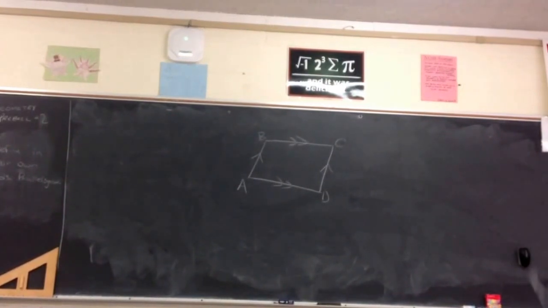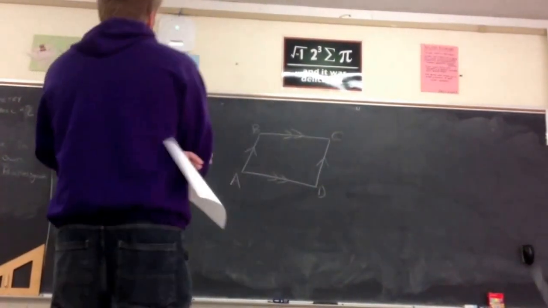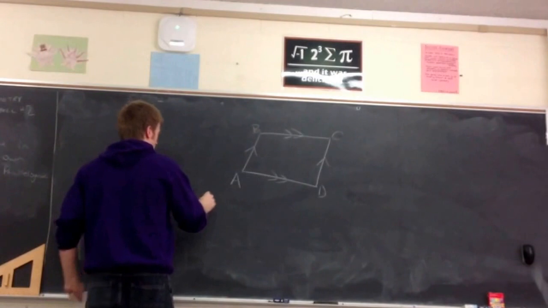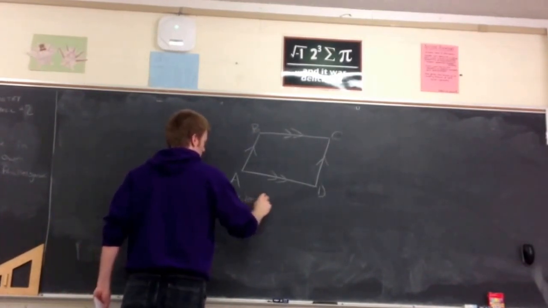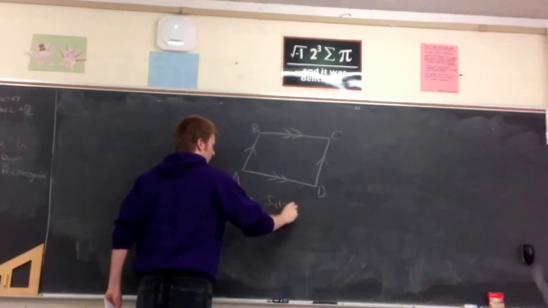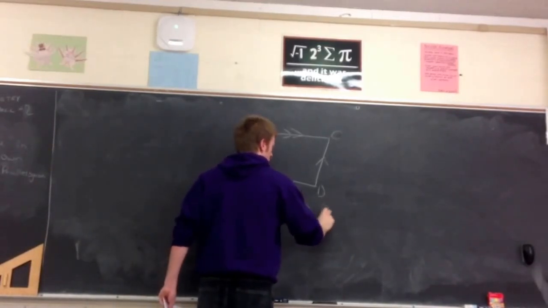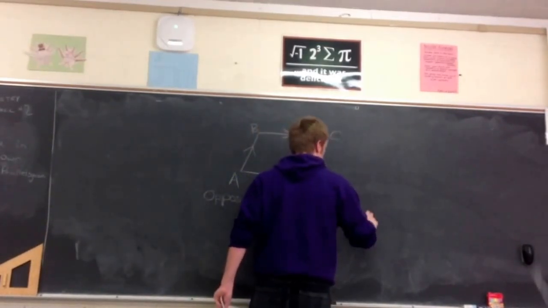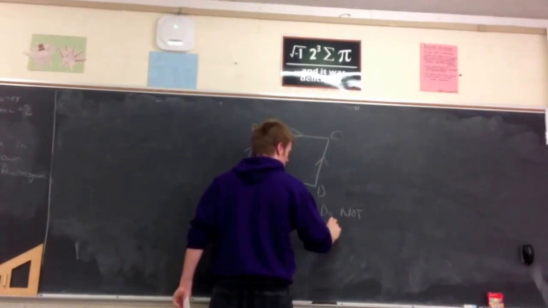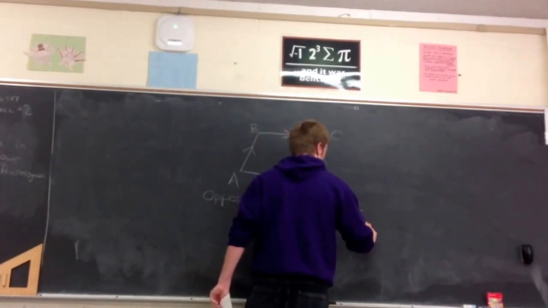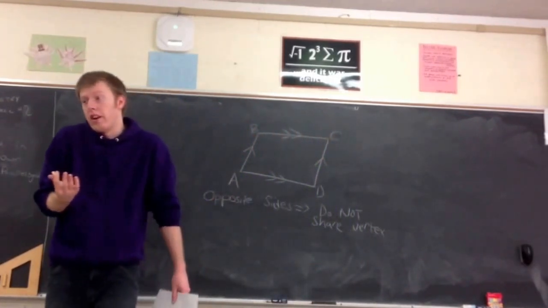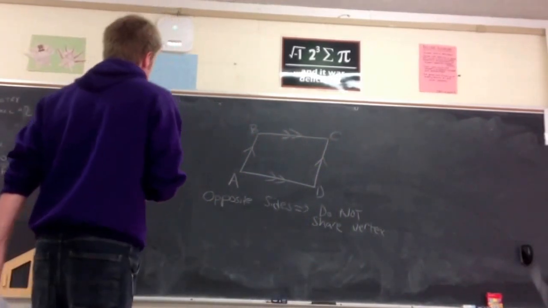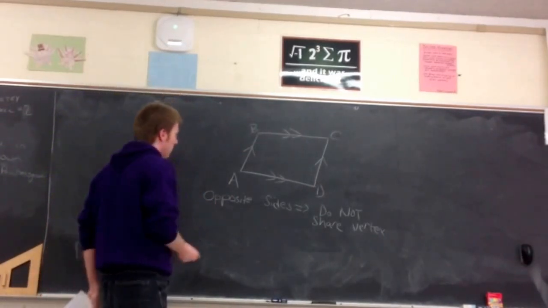Opposite angles don't share a side. Another way to think about opposite sides is that they don't share an angle. You want to think of it that way.